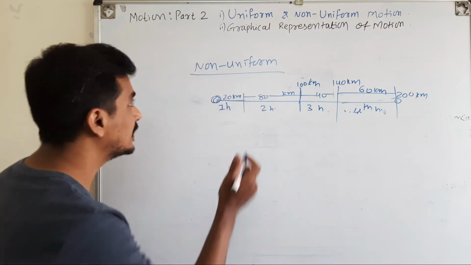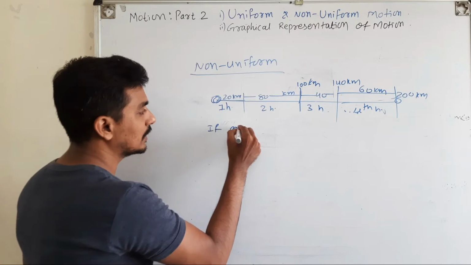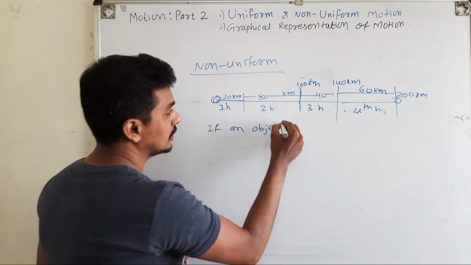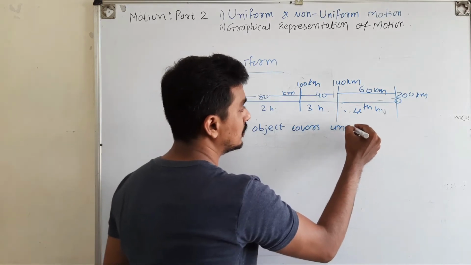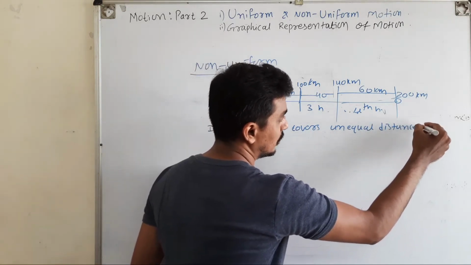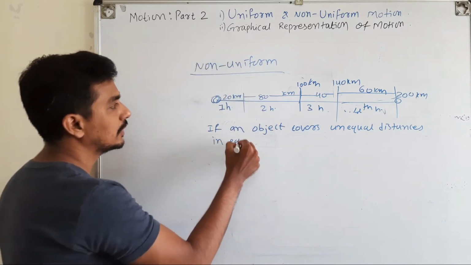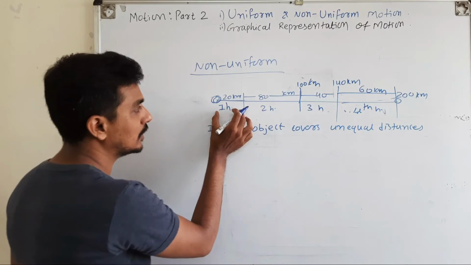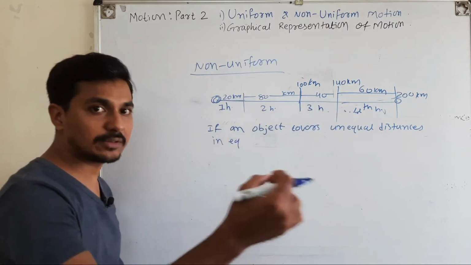So we can define non-uniform motion as: if an object covers unequal distances in equal intervals of time, 1 plus 1 plus 1 plus 1, so the time intervals are equal.